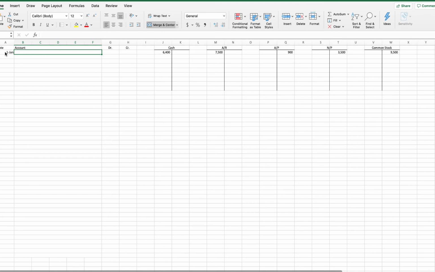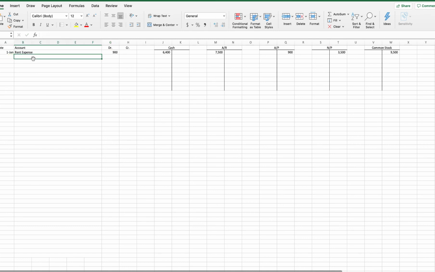Expenses increase with a debit, decrease with a credit. Debit's the normal balance side for an expense. What am I doing here? I'm increasing my expenses. Okay? So I need to debit rent expense for how much? $900.